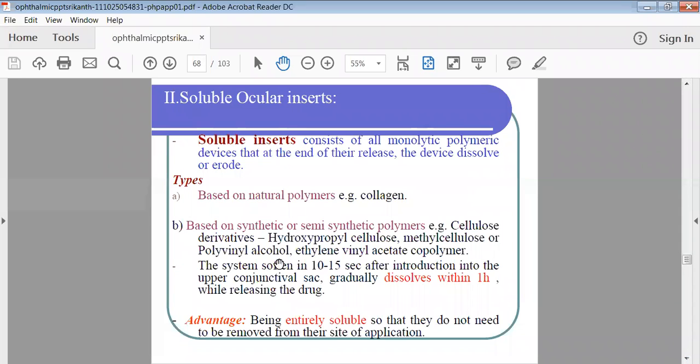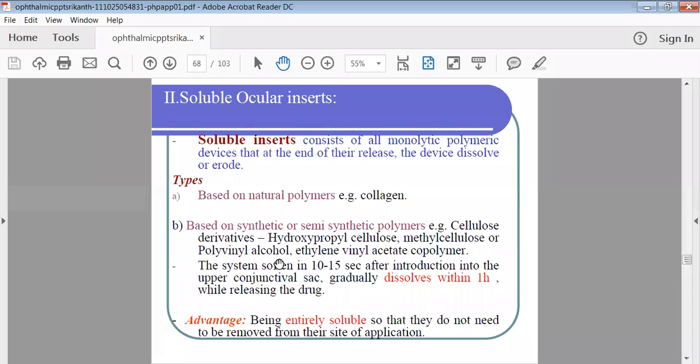Then the next point is the soluble kind of ocular insert. This kind of ocular insert will get completely solubilized inside your eye solution, and there is no need to remove it after utilization. So this is called the soluble insert.